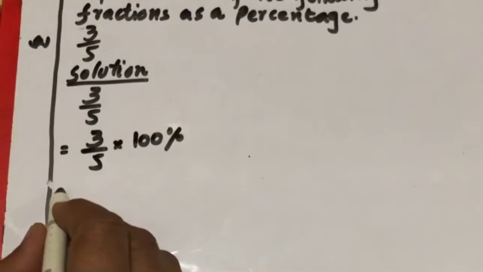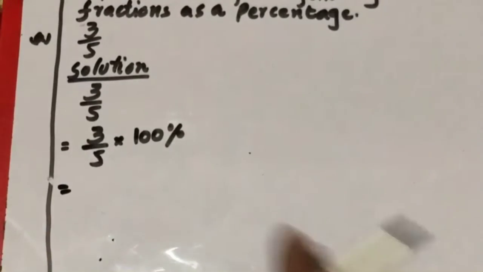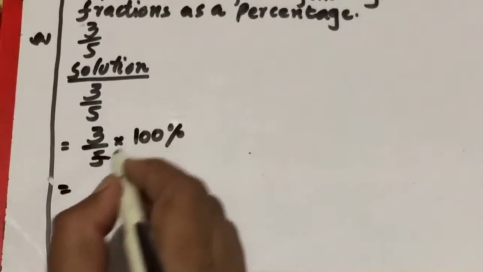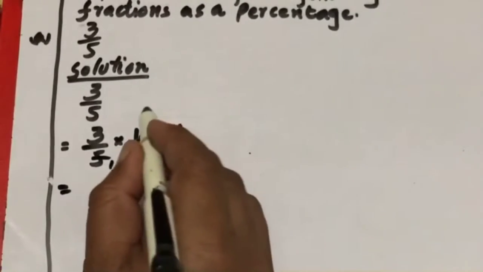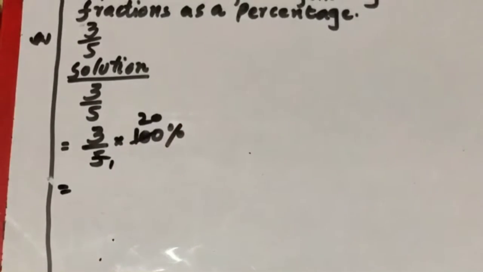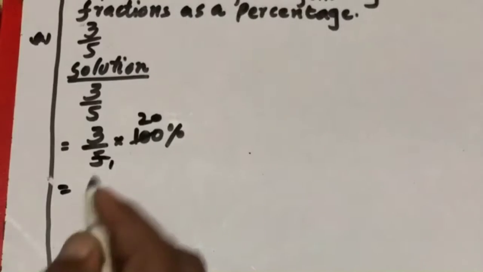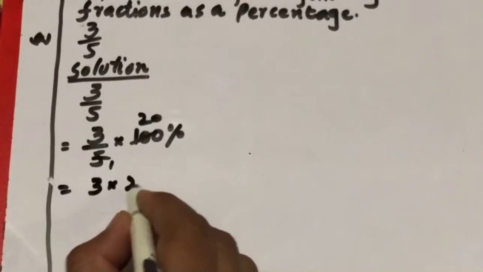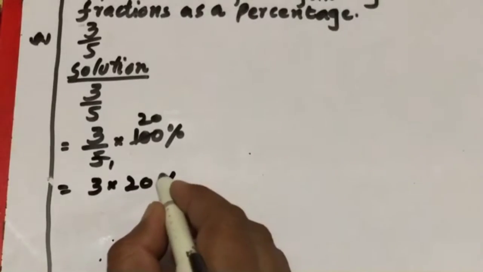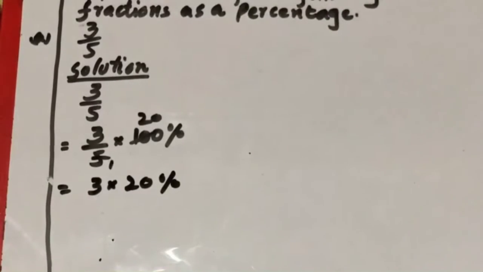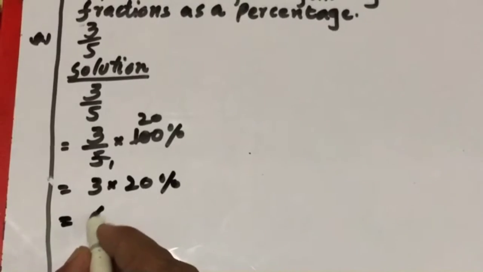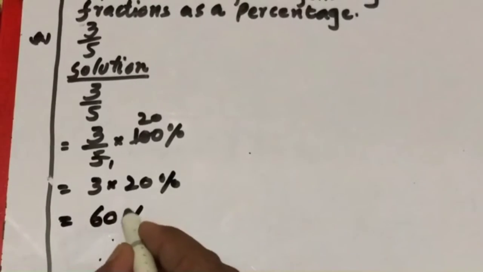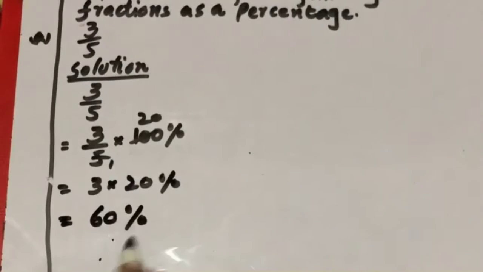So by simplifying, 5 will cancel out with 100 by 20, since 5 20s are 100. Now we have 3 multiplied by 20 in the numerator and percent. If we multiply 3 by 20, then 3 20s are 60 and the symbol percent.